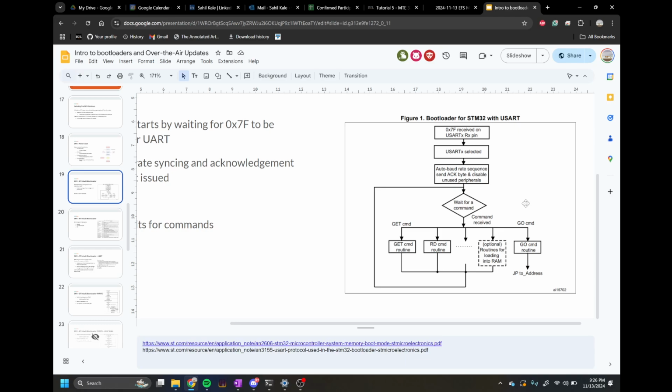I can Google it, but that's probably the best thing I could do. I'm not sure if you can do that with the inbuilt bootloader because it's in hardware, maybe is the best answer I can give you. So when you want to do an update with ST, does it just reset the thing? Typically with the inbuilt bootloader, you need to reset it and then spam this UART byte over to it, and that's going to put it in bootloader mode.